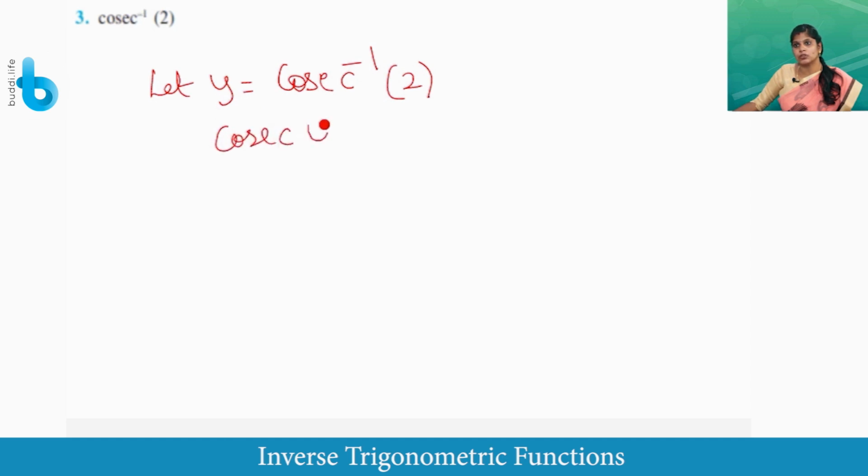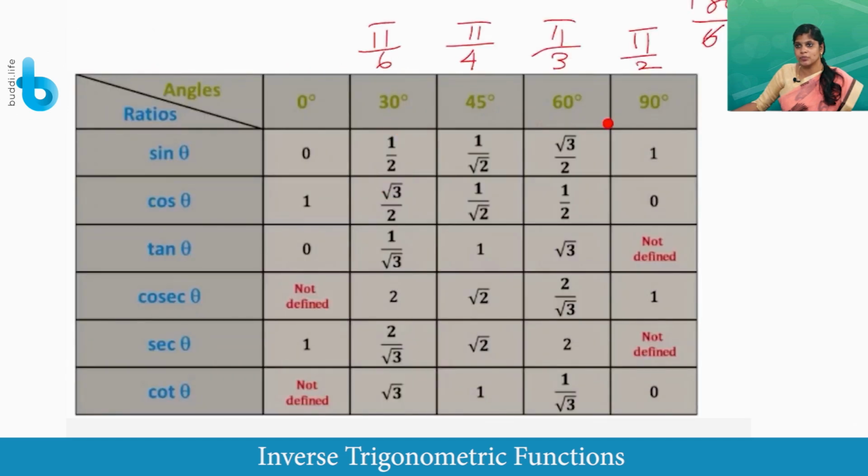Now, which theta value of cosecant gives you 2? I am just showing it for your reference, but definitely you have to memorize this. Pi by 6 again.